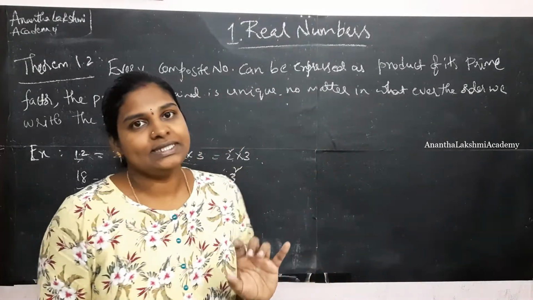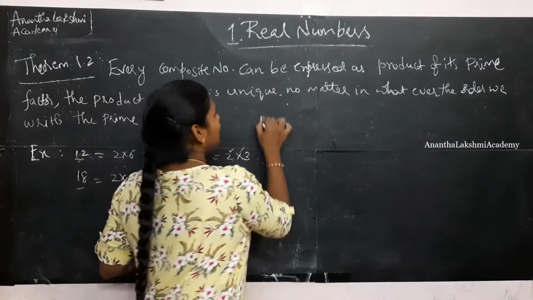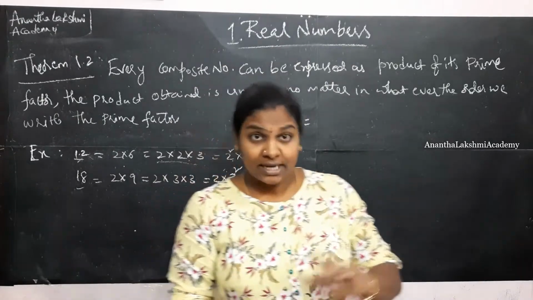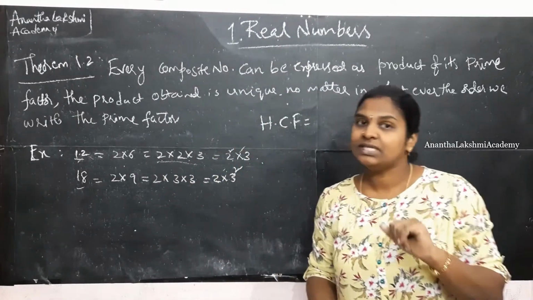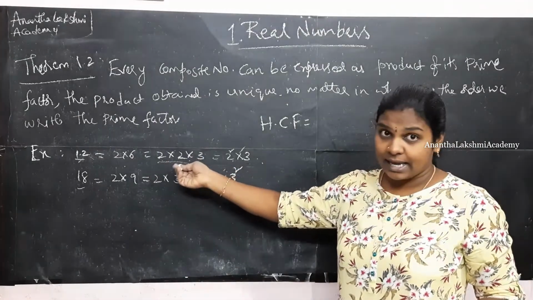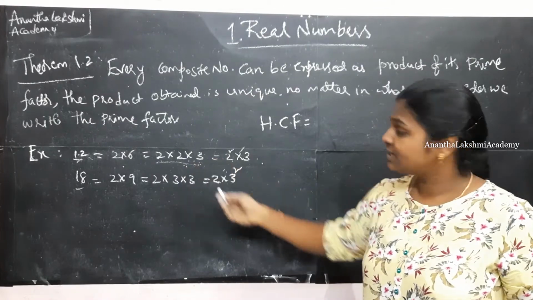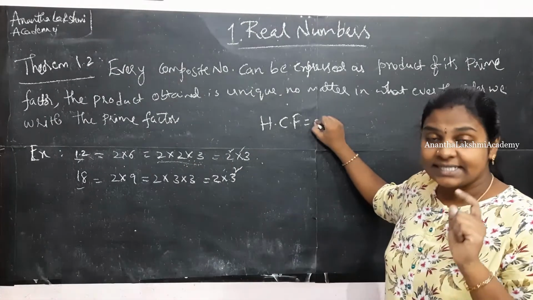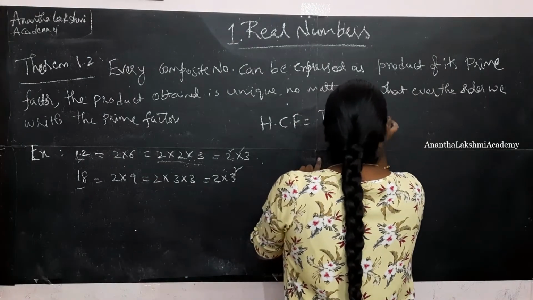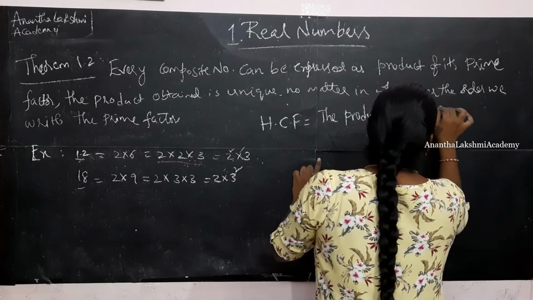Now we use this to get HCF and LCM. What is HCF? In the first exercise, in the earlier video, we solved HCF using Euclid's division algorithm. Now that we are able to get the factors in the form of prime factors, what is HCF?